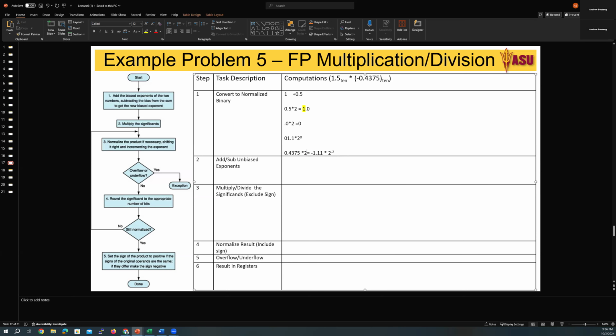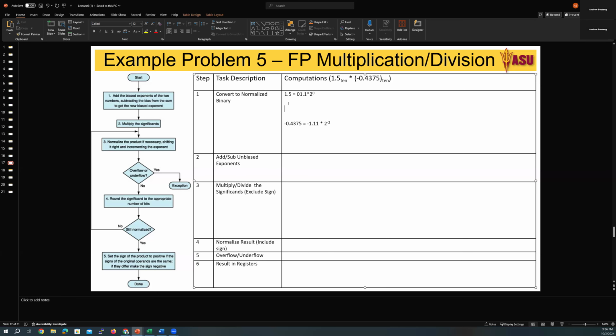So basically, negative 0.475 binary, and the normalized binary for 1.5. 1.5 base 10 is this one, so we'll put it here. All right, so we're done with the conversion to binary.